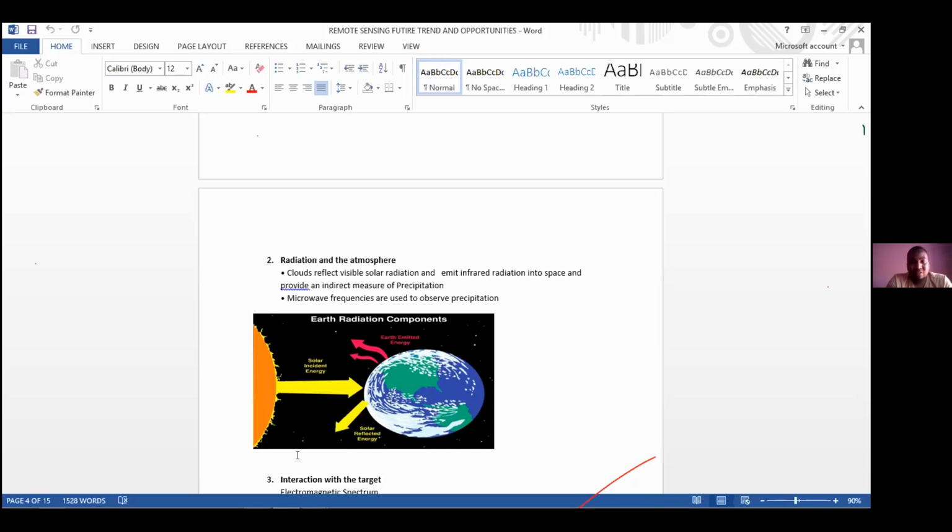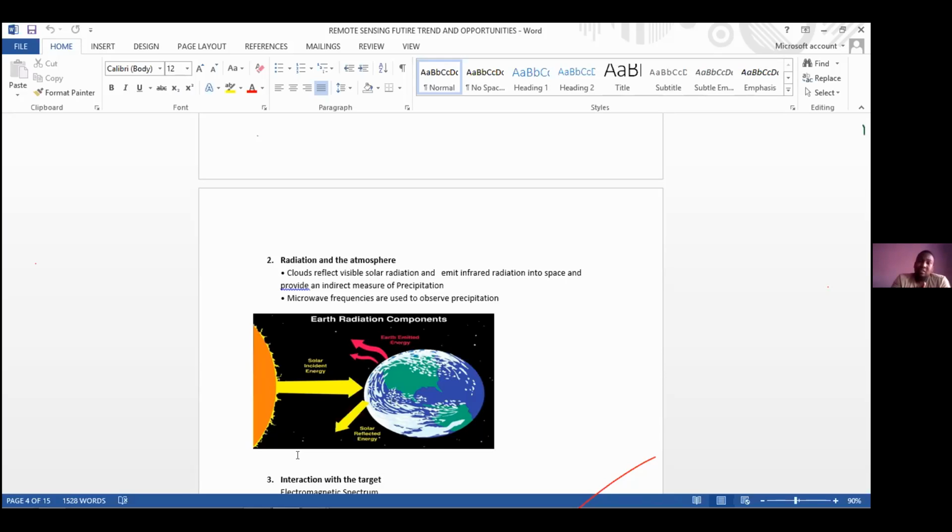The energy must reach the earth so that it's reflected by a certain target. If you're doing a project on plants, or maybe on water, maybe in the ocean, maybe the Pacific Ocean, that solar radiation must reach the ocean so that it can be absorbed by the ocean, and then it's reflected back to space.